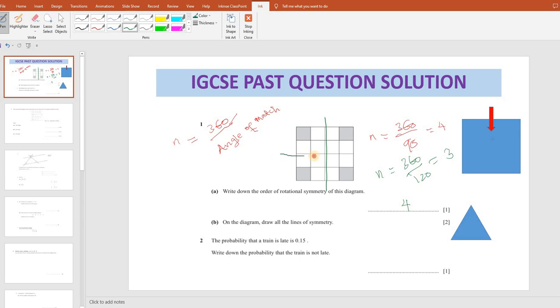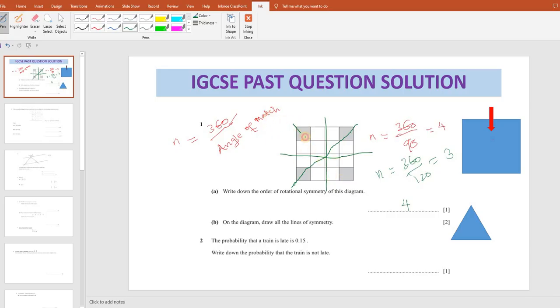If I also draw the line of symmetry along this line, at the middle, I have another line of symmetry, which is an equal match. I can also divide it diagonally like this, and fold it along the diagonal, and I will still have equal matches.